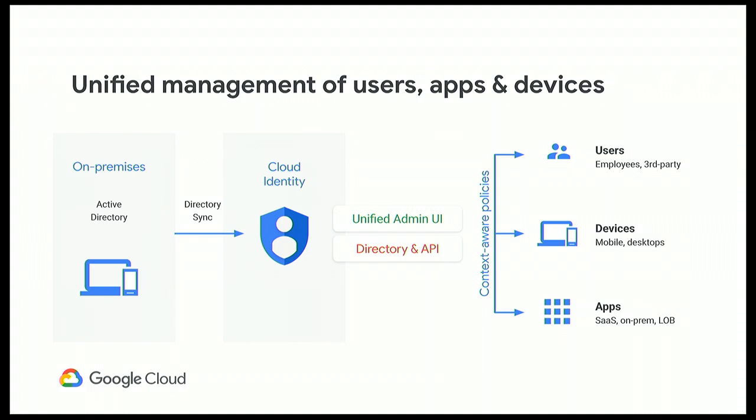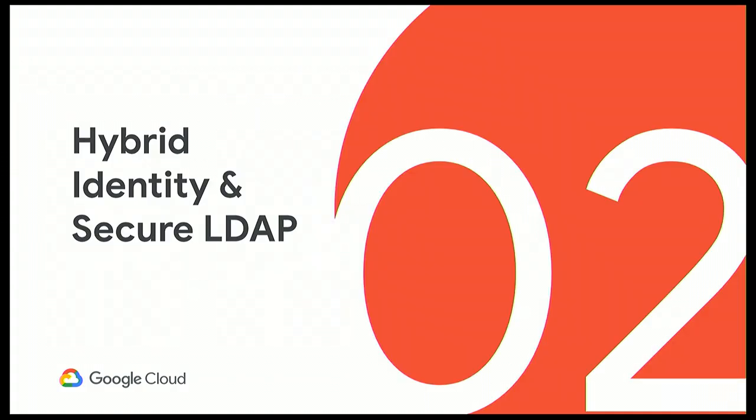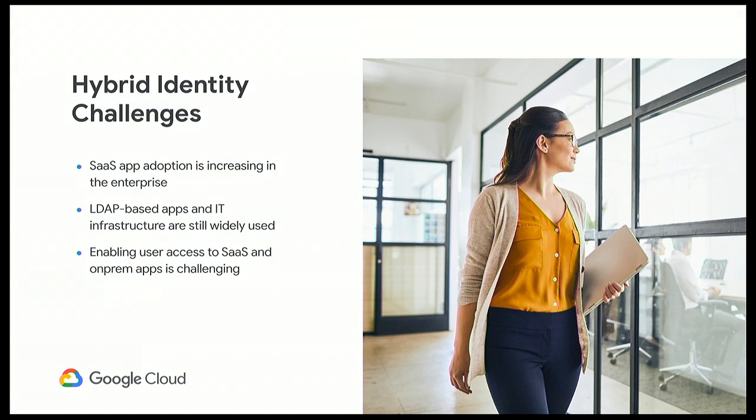And now you may ask, what about the on-premise applications that I have? We recognize that SaaS-based application adoption is going through the roof for small, medium, and large businesses, regardless of size.